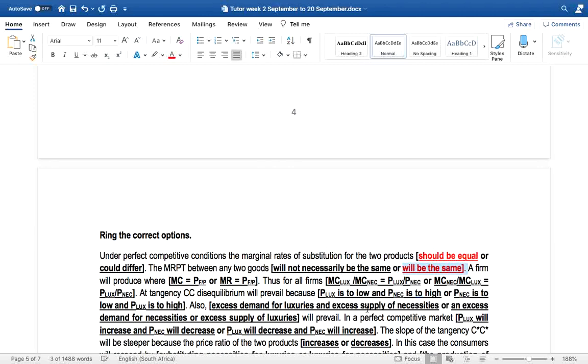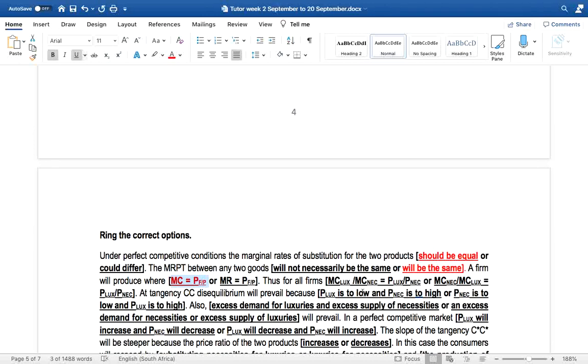A firm will produce where marginal cost is equal to price. It is when marginal cost is equal to price that a firm will start producing. Okay, that's for all firms. Remember we said marginal cost is equal to price.